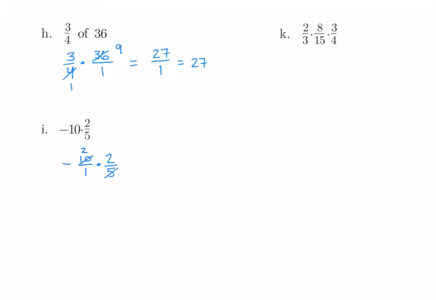We get 2 and 1. Nothing else cancels, so we're going to multiply straight across. We get 2 times 2 is 4 over 1. We do have 1 negative sign, so we keep it. And again, if I can write this as a whole number, or as an integer in this case, we should. We get negative 4 over 1 is equal to negative 4.